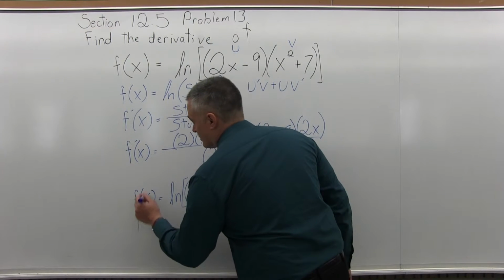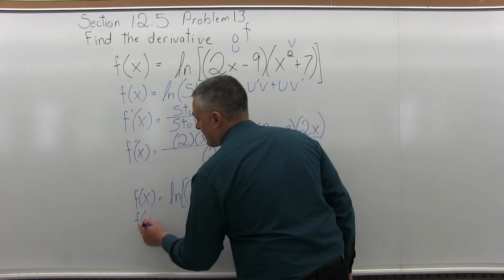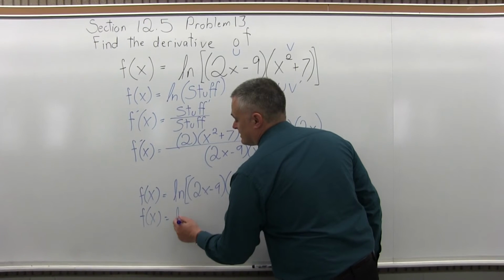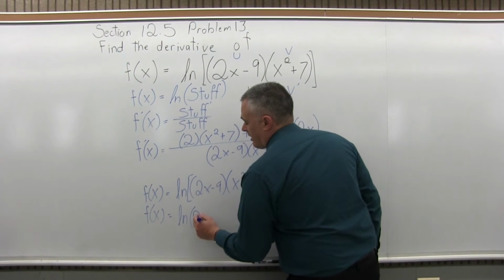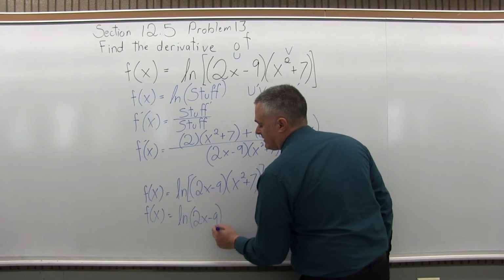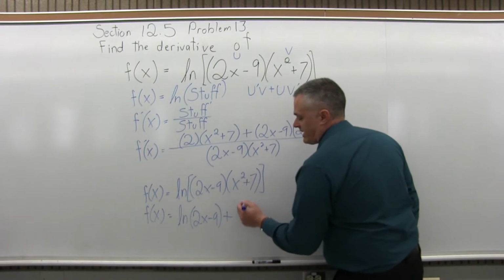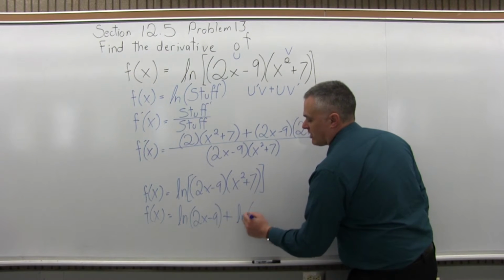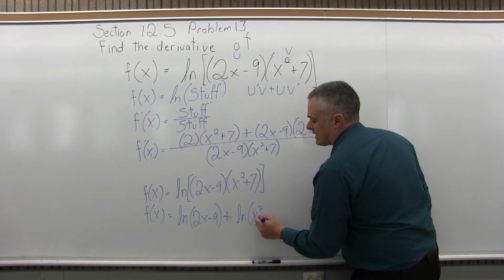So I could rewrite this, no prime yet. F of x is natural log of 2x minus 9 plus the natural log of the second piece, natural log of x squared plus 7.